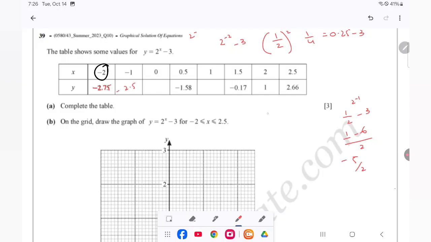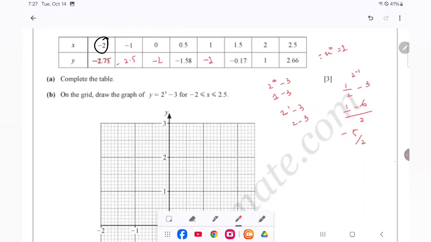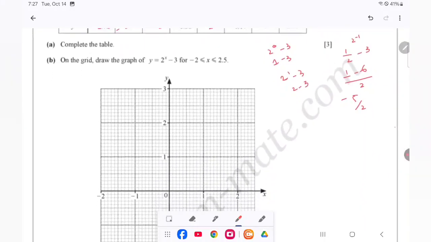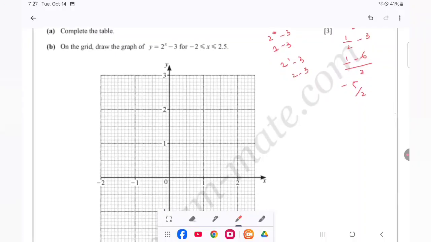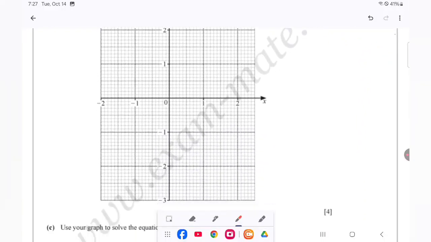And on 2 to the power 0 minus 3, anything to the power 0 will give you 1, 1 minus 3, negative 2, and 2 to the power 1 minus 3, 2 minus 3, negative 1. Now on the grid, draw the graph y equals 2 to the power x minus 3 within the given condition.